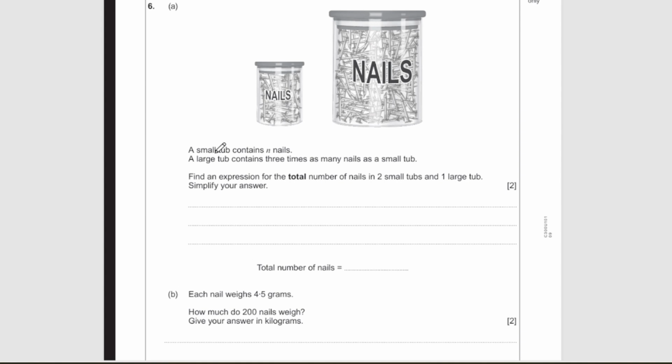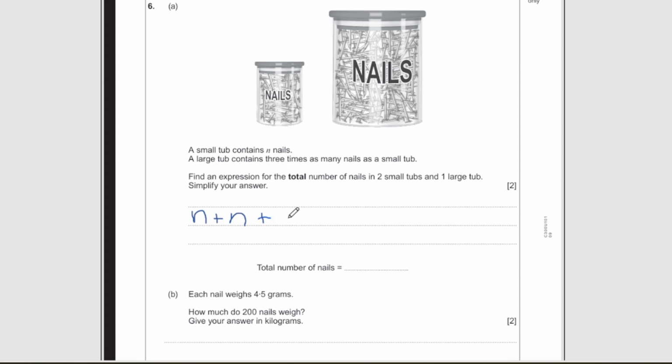A small tub contains n nails. A large tub contains 3 times as many nails as a small tub. Find an expression for the total number of nails in 2 small tubs and 1 large tub. So we know that 1 small tub has n nails. We've got 2 of those, so let's add another 1 of those on. n plus n. 1 large tub is 3 times as many nails as a small tub.